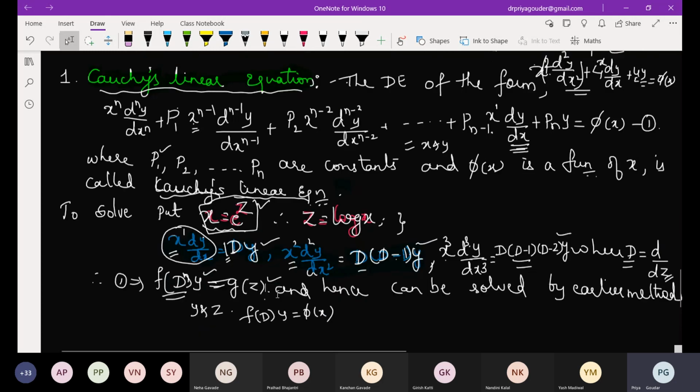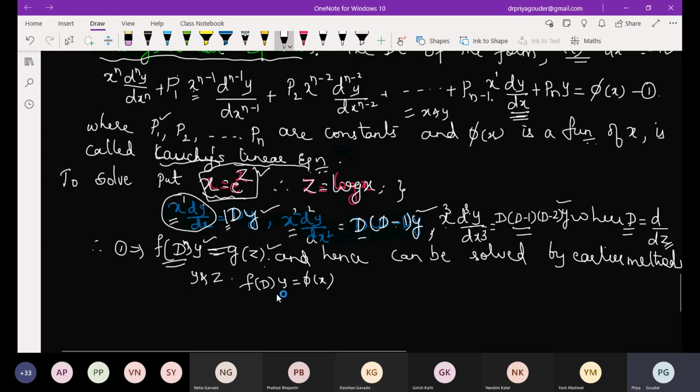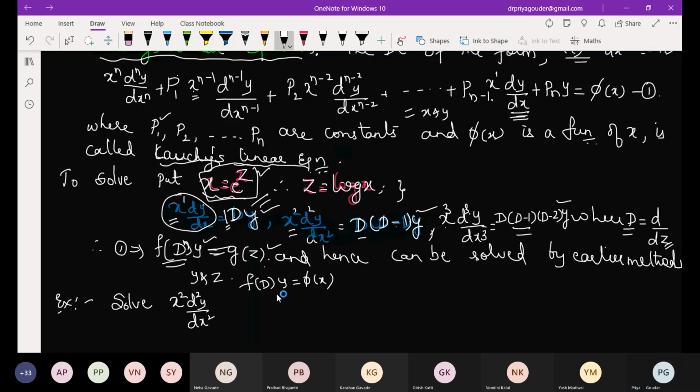Let me take an example. The main important thing is the substitution. So write down the question. Solve x square d square y by dx square minus x dy by dx plus y is equal to log x.